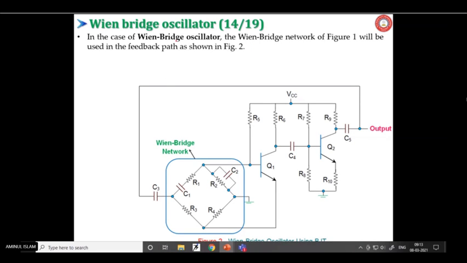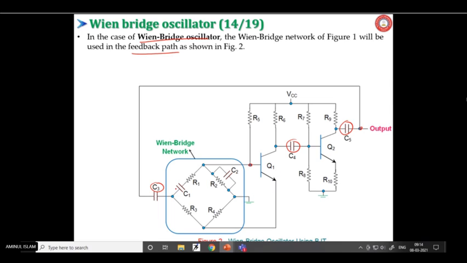So in the case of the Wien bridge oscillator, the Wien bridge network of the figure will be used in the feedback path. And see the connection of this feedback path. It is taken all the way from here through a coupling capacitor here and here. These are the three coupling capacitors, and two BJTs are used.